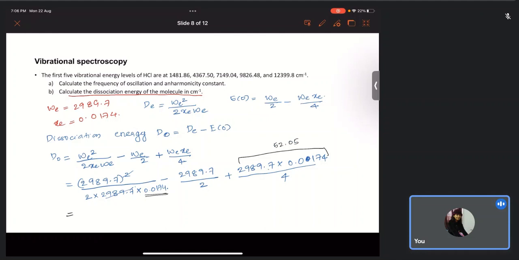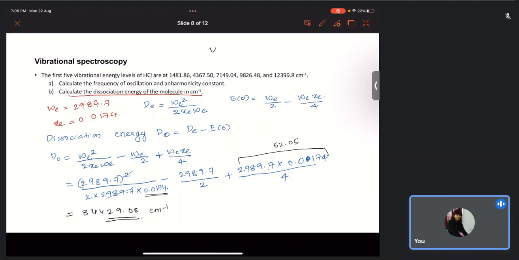So 52.05 divided by 4. And what I'm getting is 8442.908 centimeter inverse, which is sort of believable.